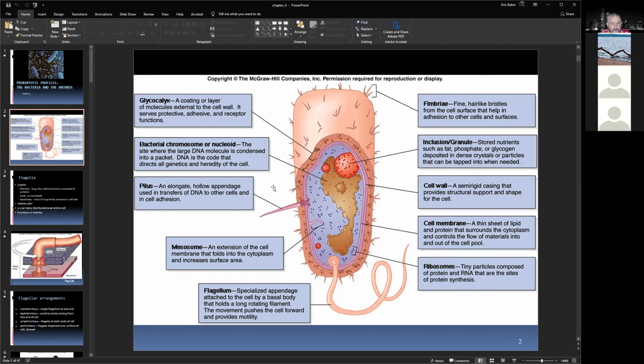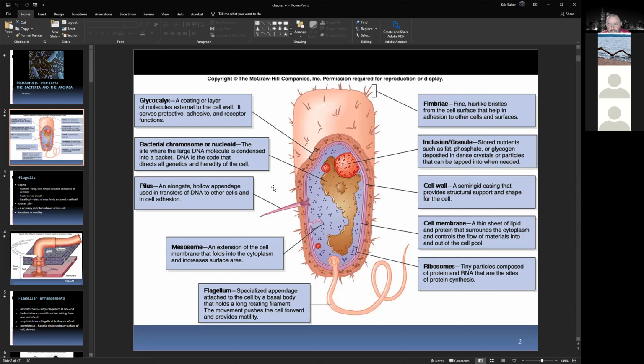Sometimes you see specialized proteins embedded here. Not that it's a special protein, but it's a special organization. If I mentioned thylakoids in a cyanobacterium or blue-green algae, those proteins are embedded into the plasma membrane, but it's really in the mesosome regions where we can pack a lot of those proteins in.